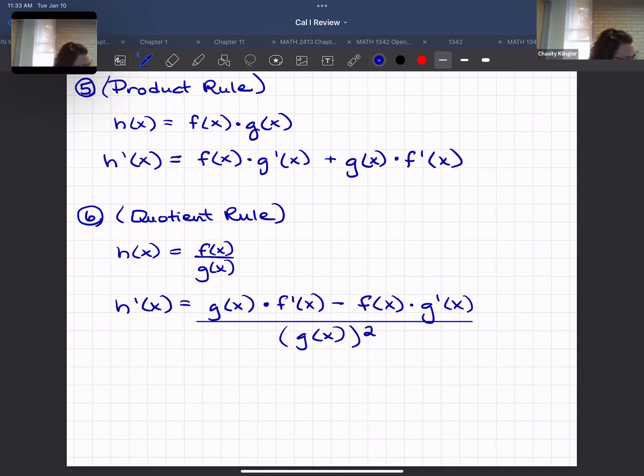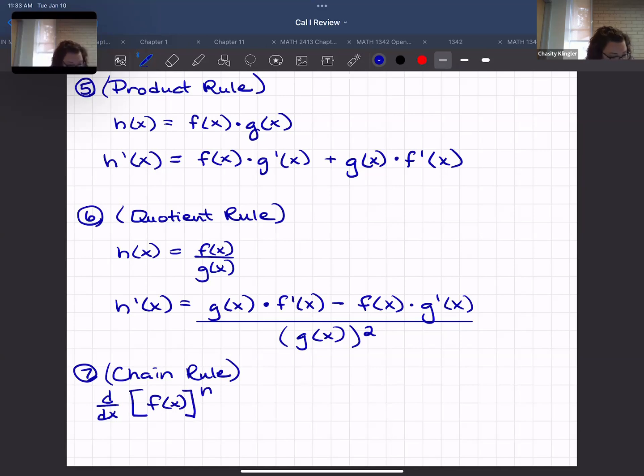And then the last really important rule is the chain rule. My notation looks a little different here, but same thing. d over dx means take the derivative of f of x to a power. This is just one example. You know, with the chain rule, you can have multiple different types.